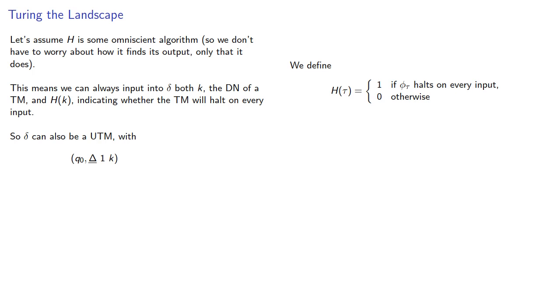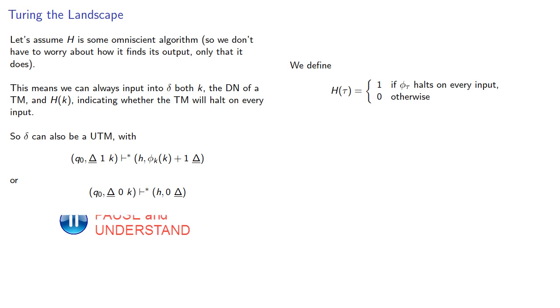Then we could eventually arrive at a halt state, having evaluated v_k(k) plus 1. On the other hand, if we initialize with q0 0k, that means that the Turing machine k might not necessarily halt, and so we return h0 delta. And note that in either case, delta eventually halts.